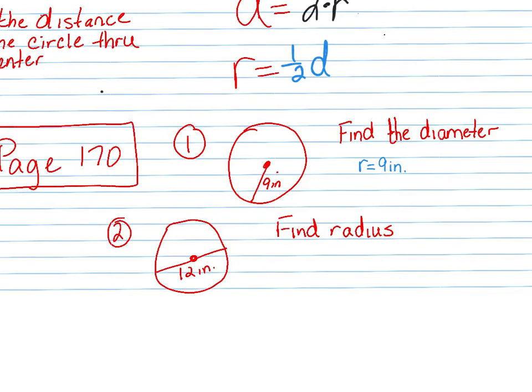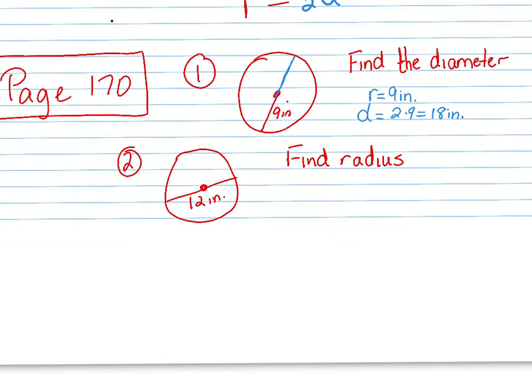So how do we find the diameter, Sam? And look, if I extend that out, isn't that the diameter? Bailey, how do I do that? 2 times 9, Bailey, what is that? So the diameter is 18 inches.